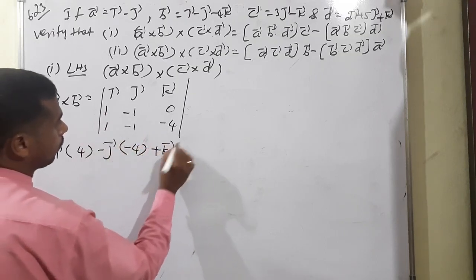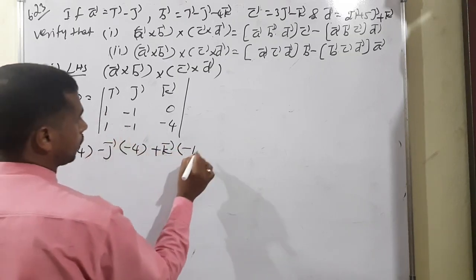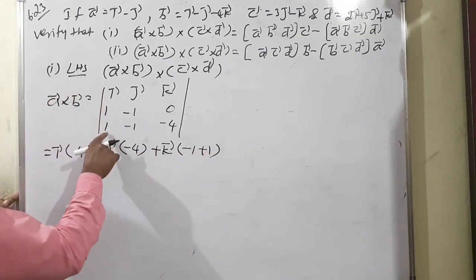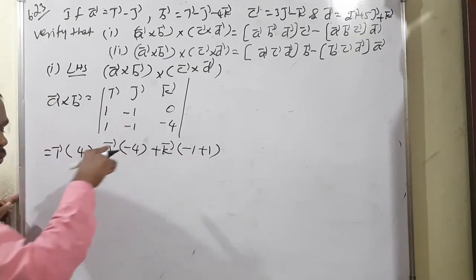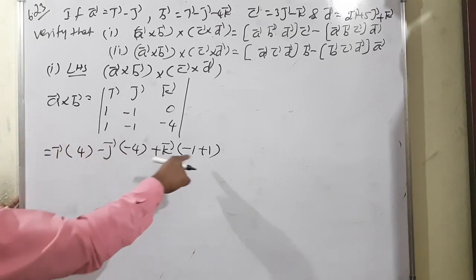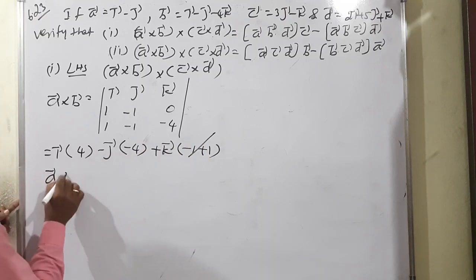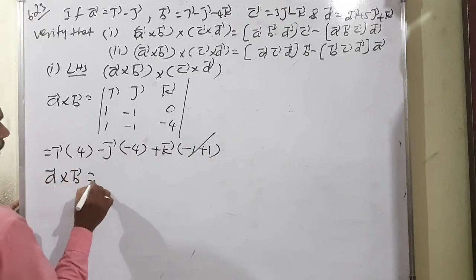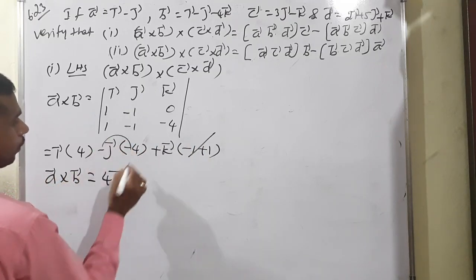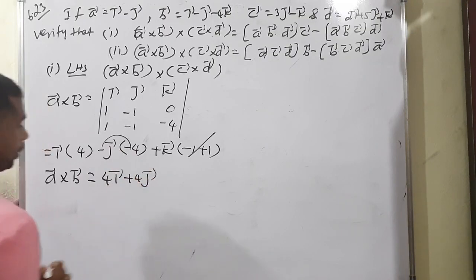Then plus k vector means 1 into minus 1 minus 1, positive 1 will come, because whenever cross multiply means 1 into minus 1 minus 1 extra minus, that's why I have written minus into minus plus. We can cancel it. Therefore, a vector cross b vector is equal to 4i vector minus into minus plus 4j vector.